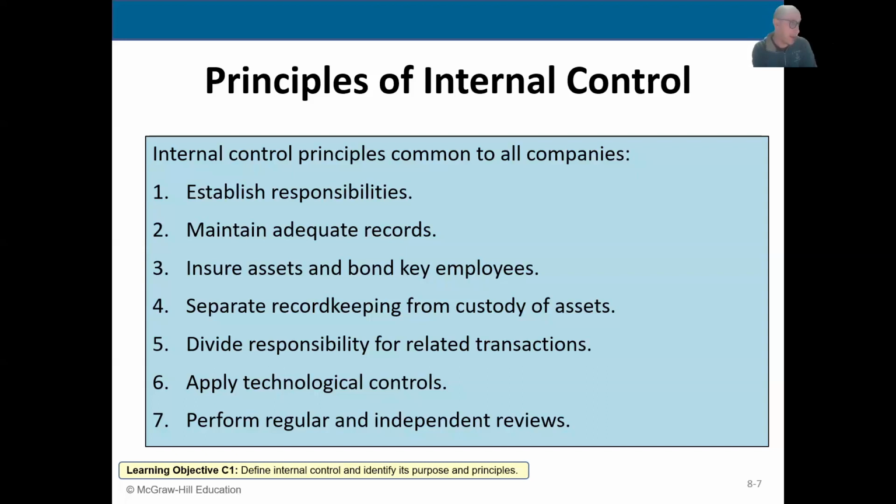Number 2 is maintaining adequate records. This kind of goes without saying, but making sure that you have your paper trail is really important. For example, for every sale I make to a customer, I have a couple of things. I have the purchase order from the customer.